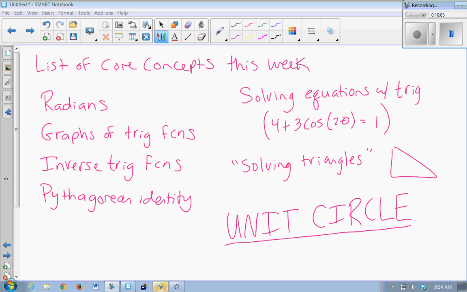So much of how you understand many of the things we listed here already is based on the unit circle. I just thought of one and then it left my brain. Anybody else have one? That's a pretty good list. Concepts for the week.